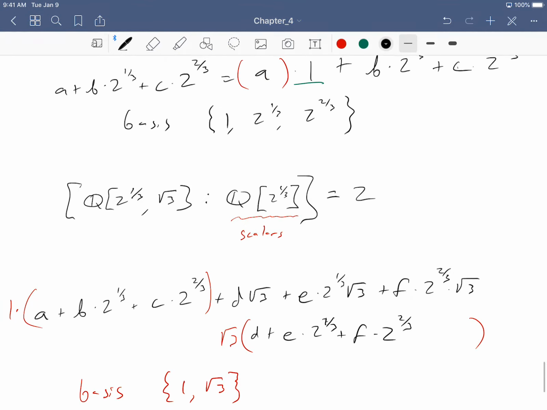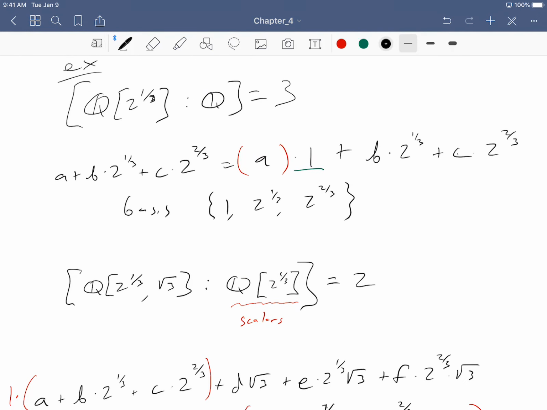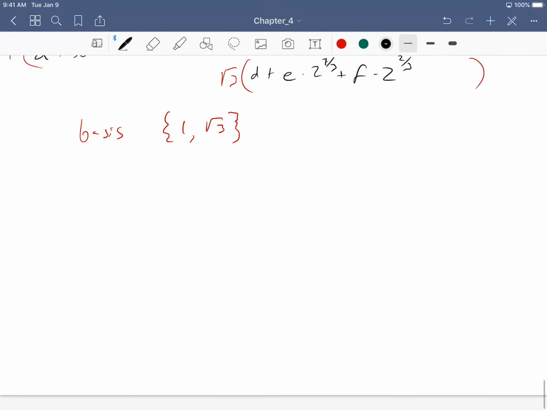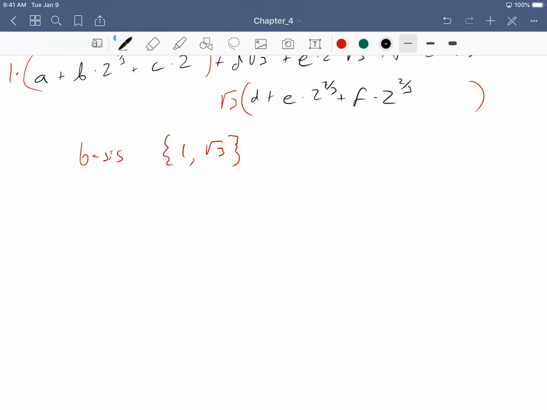And now notice the degree of the field extension here was 3. The degree of the field extension here was 2. And so what we have, if we drew this little picture, Q was our base field, and then we had an extension by adding in 2 to the 1/3 to our ring.